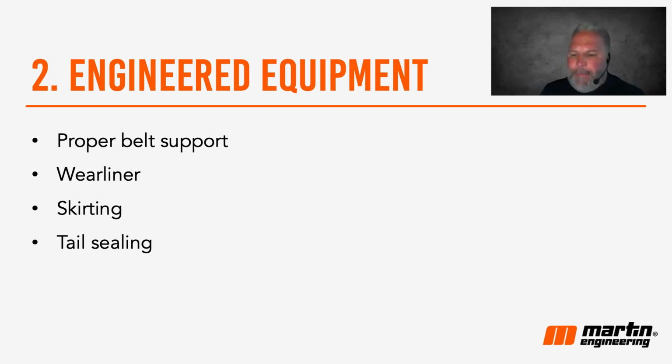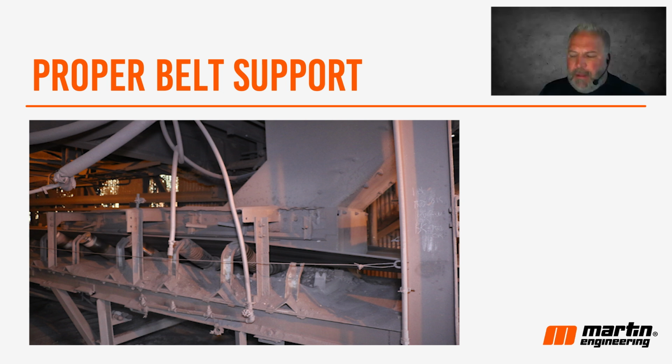Let's talk first about belt support. Belt support is a critical piece of this system of containing this air all the way to point B, and it's often overlooked or underappreciated.